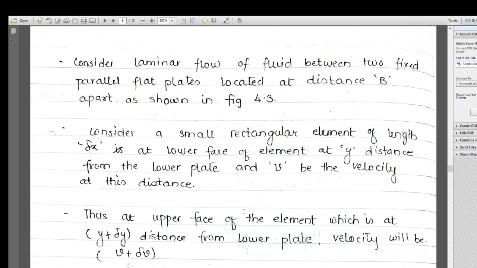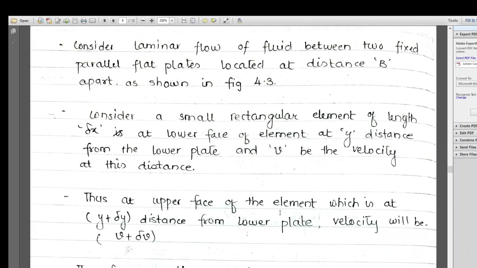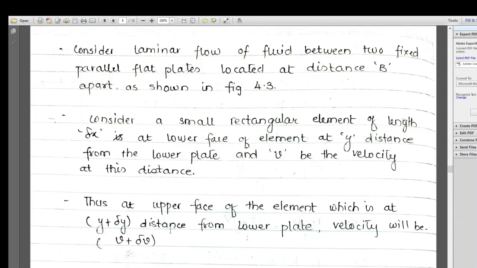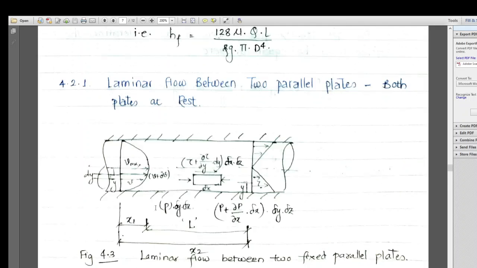So at the upper face of the element, which is at y plus delta y distance from the lower plate, the velocity will be v plus delta v. Now the lower part has length delta x and distance is y.